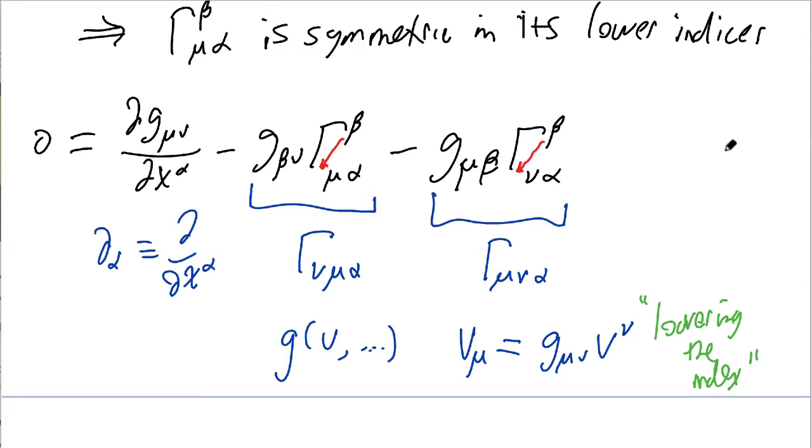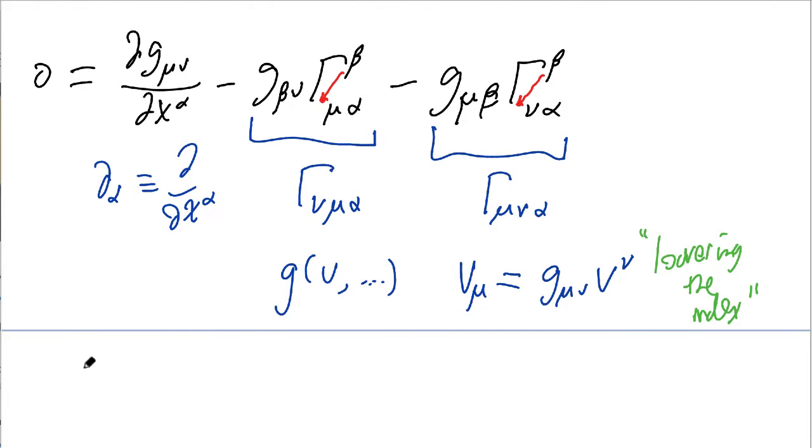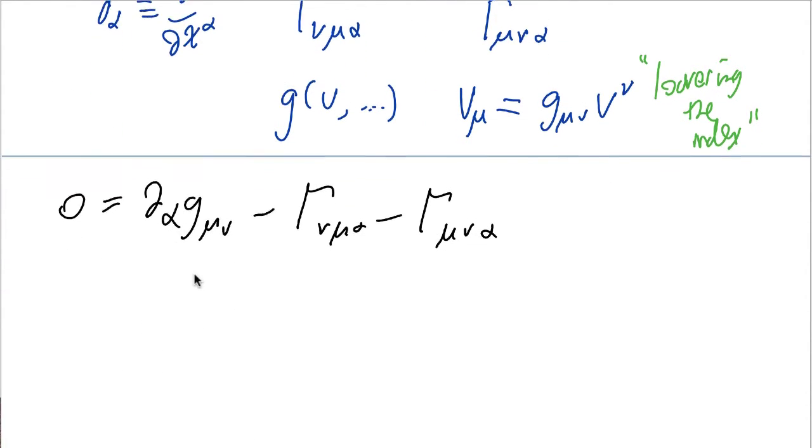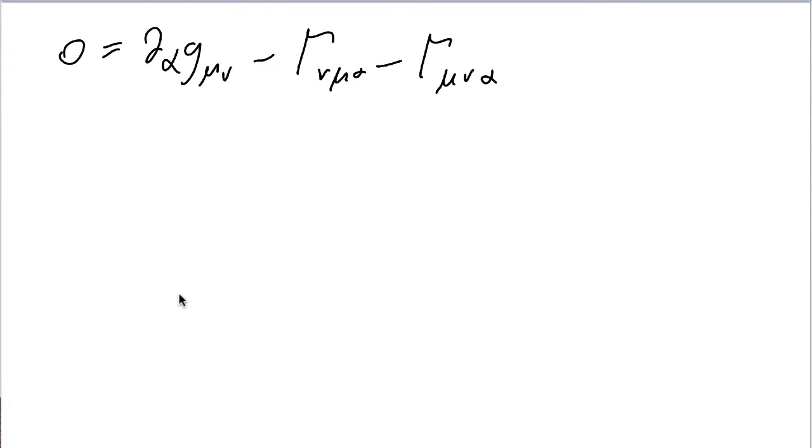All right, so now with this shortened notation, our equation can be written as partial alpha g mu nu minus gamma nu mu alpha minus gamma mu nu alpha. In this equation, alpha, mu, and nu are free indices, so we can call them anything we like. For example, we could change alpha to beta throughout this equation.